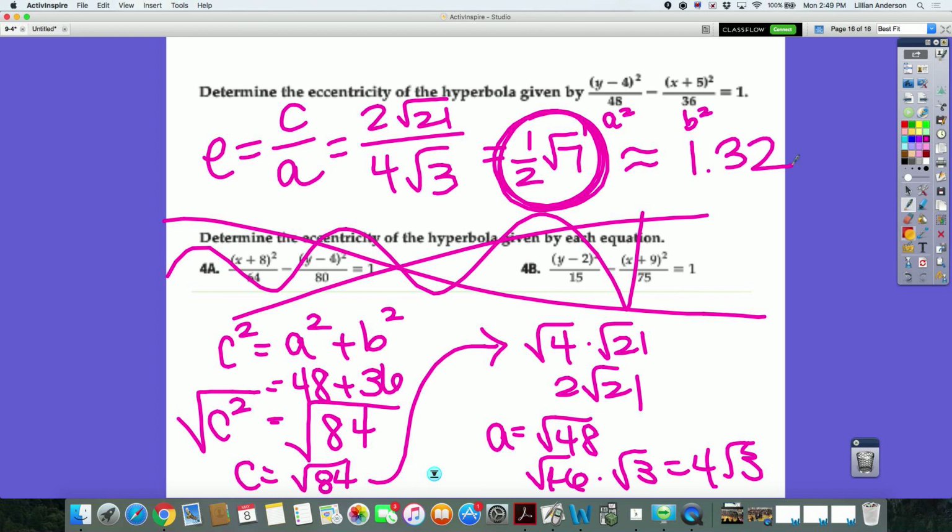So again, the closer it is to 1, the less circular it is. So this one's looking more stretched out. So if we were to graph this, it would look something like this, if we wanted to go into detail with it. But that's pretty much the bulk of hyperbolas. Very similar to ellipses, with a few differences here and there.